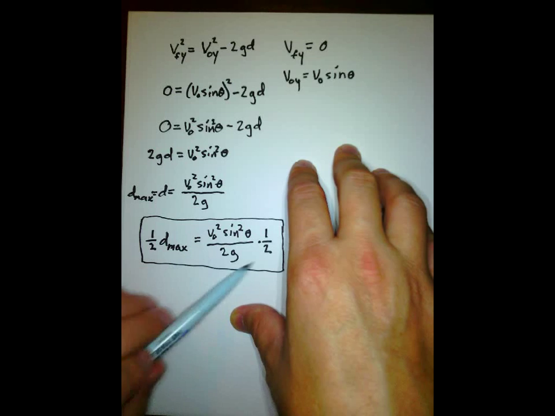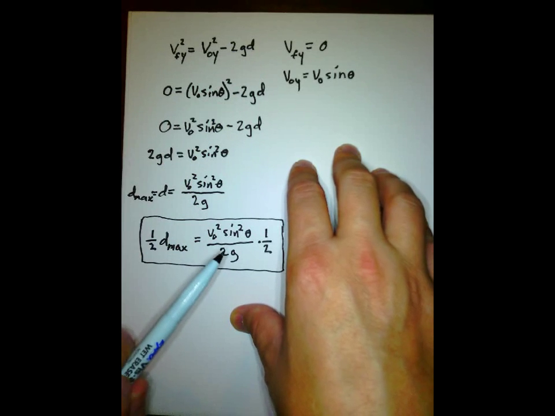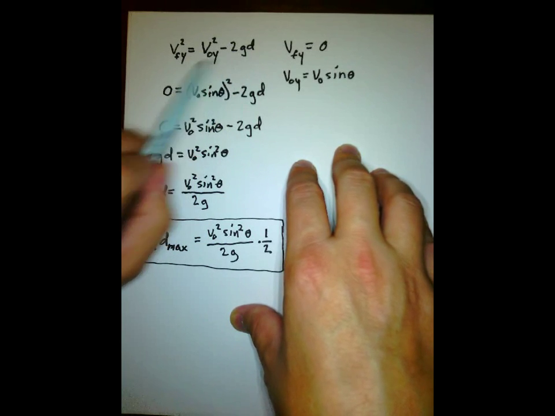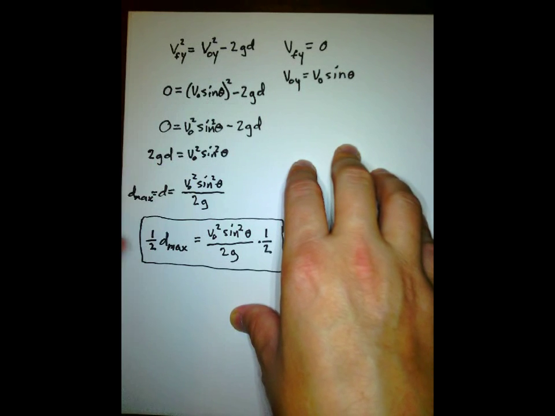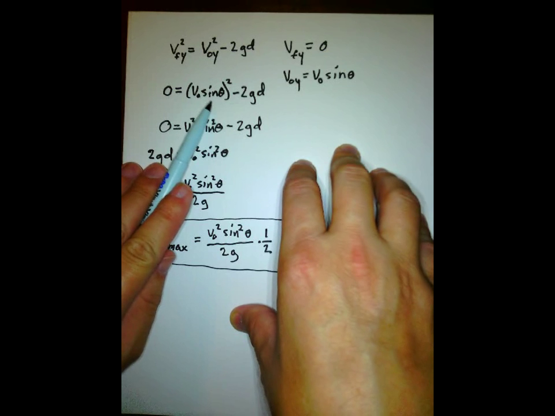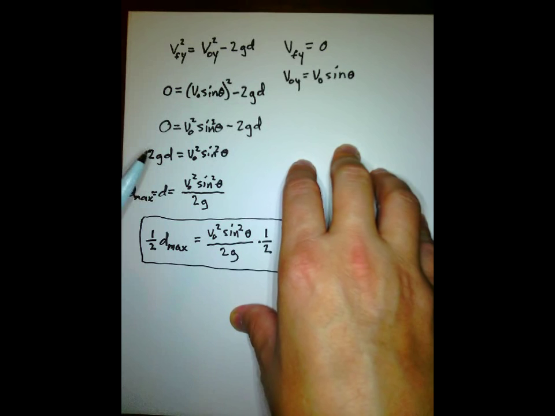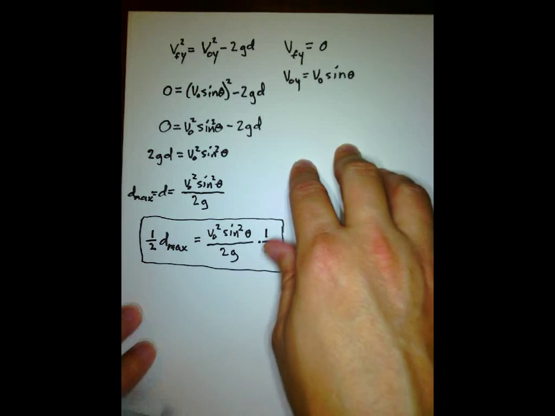But if I put half the height in for D, and then work on, actually I need to put it in this equation where I've already made this substitution. If I put it in there, then I'm going to find my new final velocity at half height.